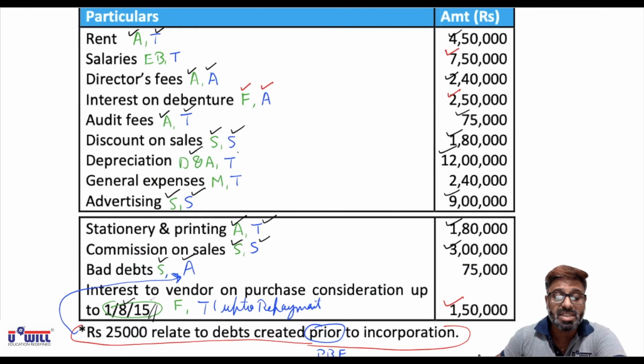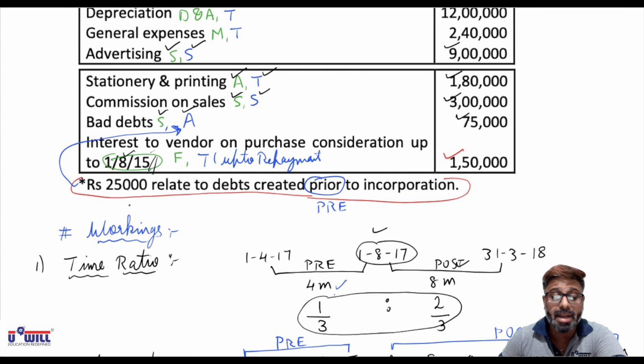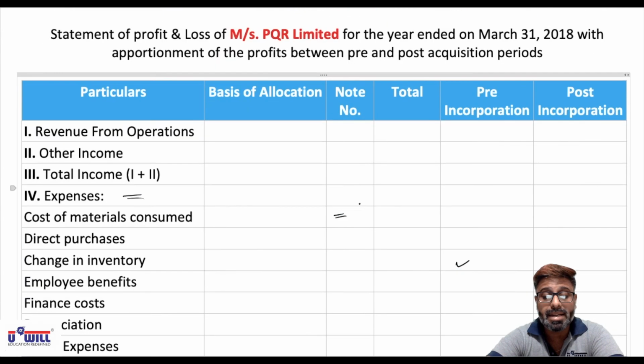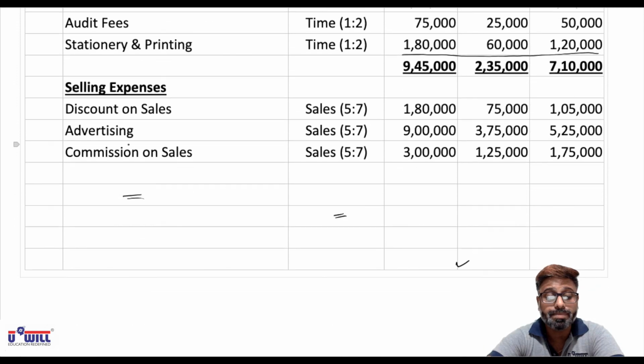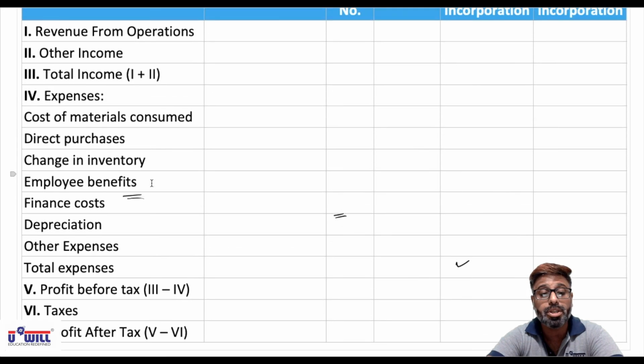Then after commission on sales, the next item marked as S is bad debts, but it is on actual basis because of this bracket, 75,000. Pre-period is given in the bracket at the bottom as 25,000, so 75 minus 25, 50,000 will be taken in the post-incorporation period.